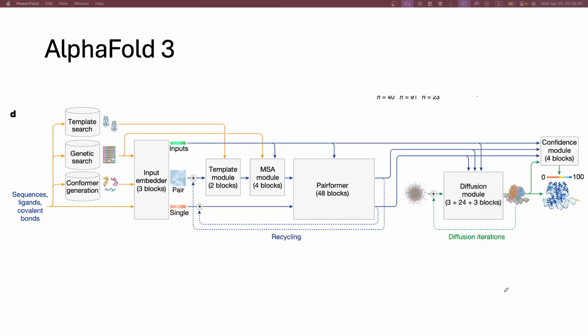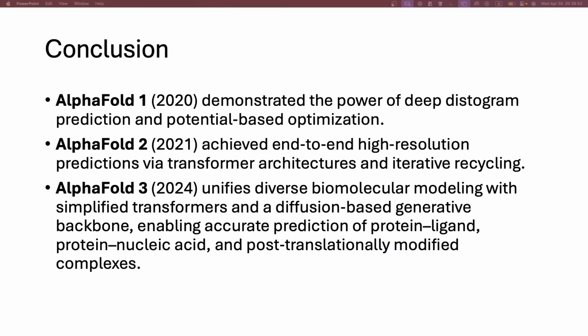Good stuff. Interesting. So that's the current limitation of AlphaFold 3. And to conclude, AlphaFold 1 gives us MSA, but in the pursuit of trying to predict template from MSA, it had trouble completely solving the problem.